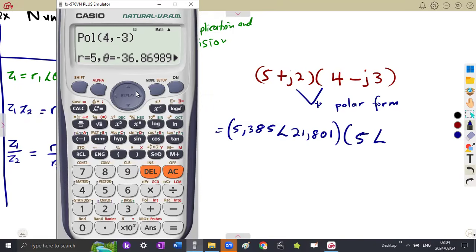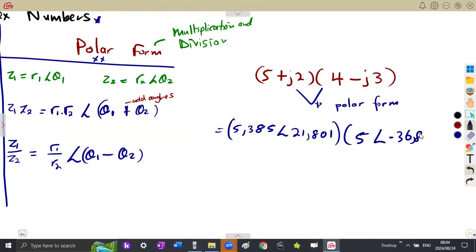If you check, our theta is a negative 36.8968. So this 8 is going to change this 9 into a 10, so it gives this one to be a 7. So that's negative 36.87. This is what you're going to have.